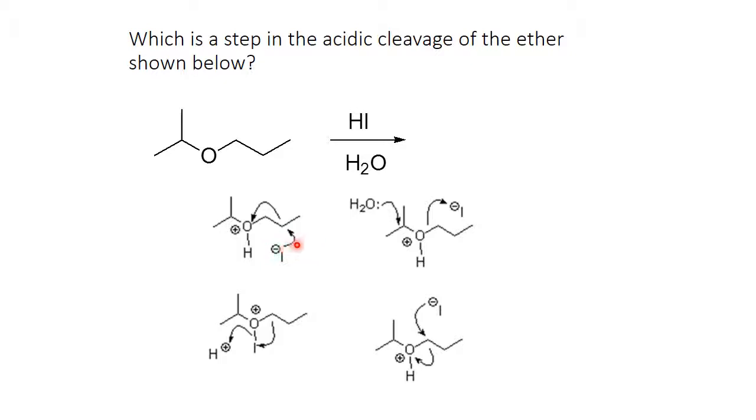So here, the iodide is going to the wrong carbon. You can't have nucleophilic displacement there. Here, you have water going into a secondary carbon for displacement. That's not going to occur. Here you have the iodide coming into the primary carbon and the electrons leaving, so this is the correct answer.